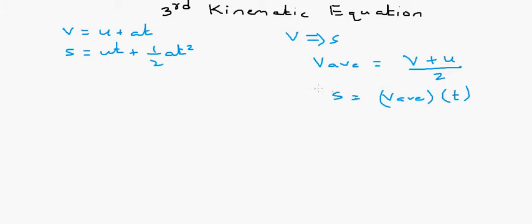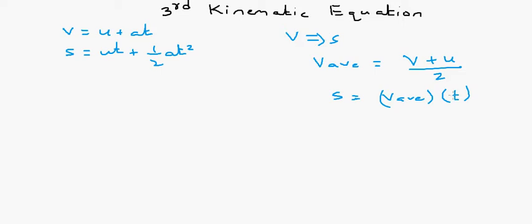Now, as you can see, we have a time term, a velocity term and a displacement term in this equation, right? So what we have over here is a displacement term in terms of time.